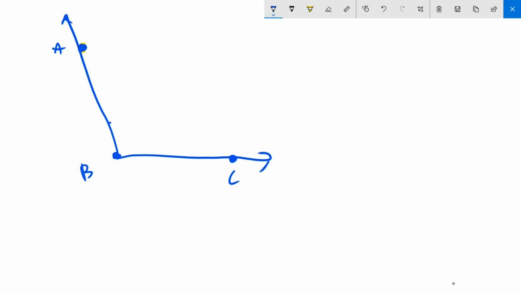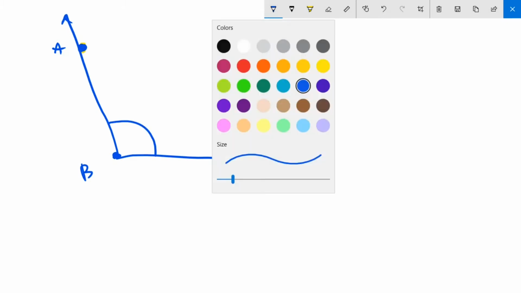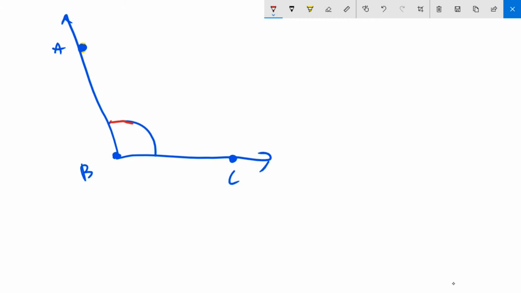So it says, if the measure of angle ABC, so we're going to draw A, B, C right here, and then the ray. The measure of this angle is negative 4x minus 12.